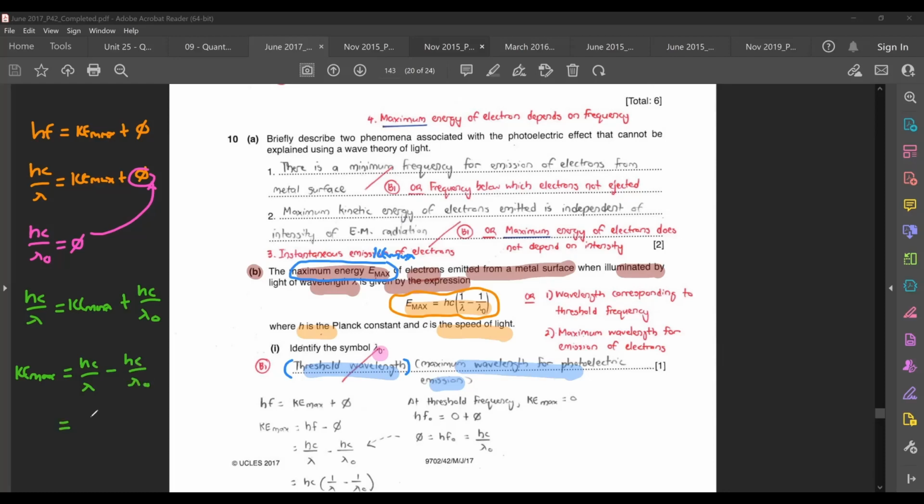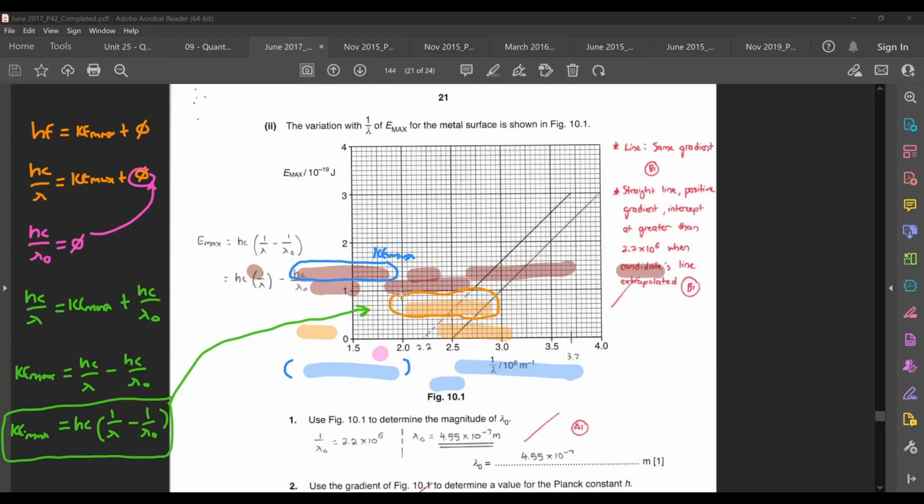Factorize out your hc, you're going to get 1 over lambda minus 1 over lambda naught. So right now, this is your equation, which is this one here. It's actually the same equation from the photoelectric equation.